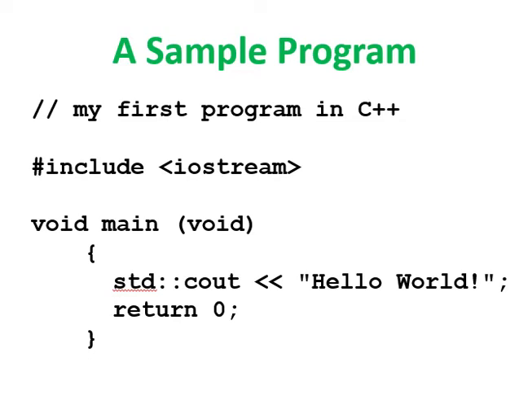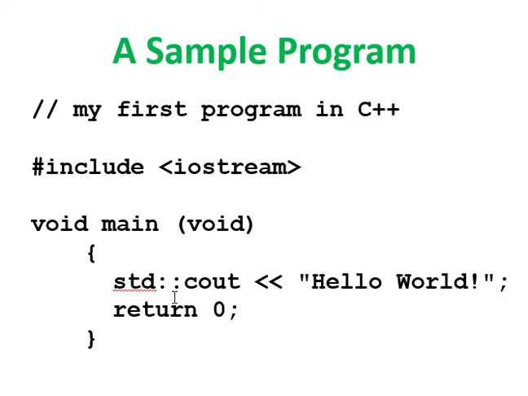Also, the curly braces indicate the start and end of the function. The execution of the code begins from this function. Here, whatever you want to print on the output screen, we have to mention as a set of instructions.